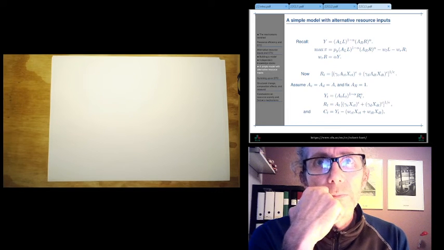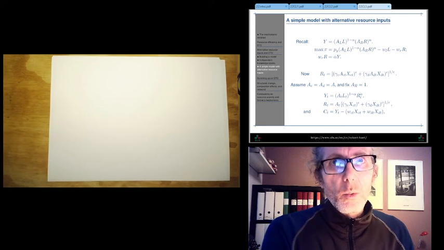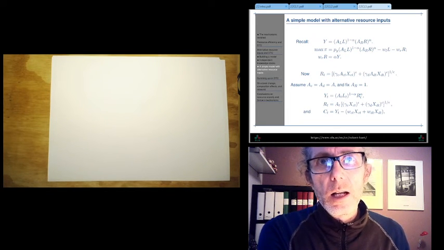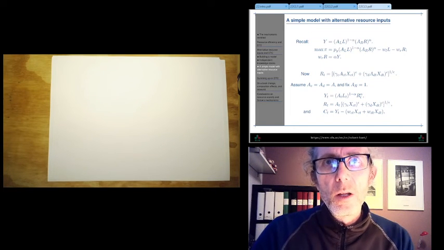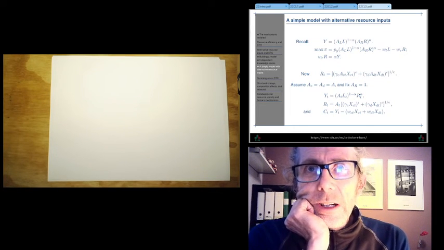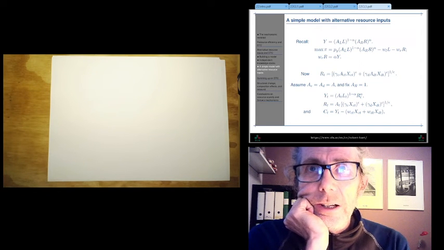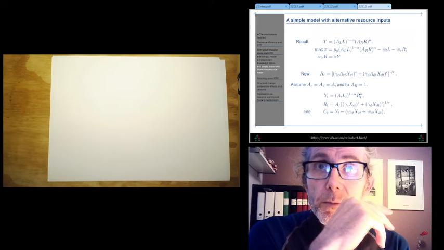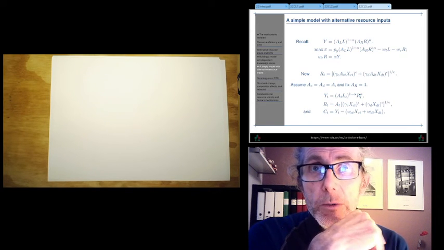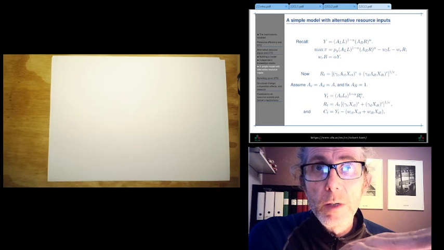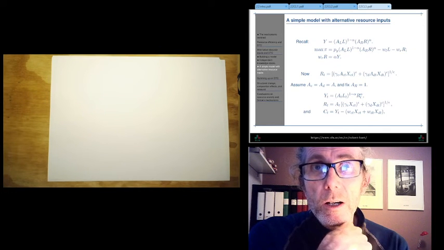So if we have Cobb-Douglas, we have y is A_L L to the 1 minus alpha, A_R R to the alpha, and we can set up the final good producer's profit maximization problem, and we get these fixed shares. w_R R is alpha y.